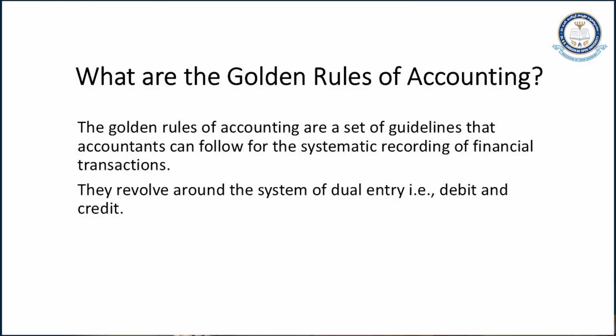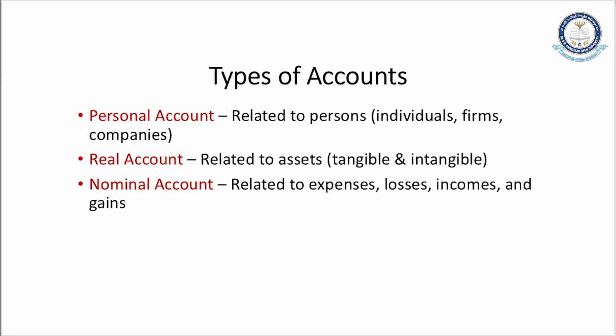What are the different types of accounts dealt with in the golden rules? Personal account, real account and nominal account. Personal account deals with all the persons involved in the business. Real account deals with all the assets and liabilities. Nominal account deals with all the expenses and incomes.